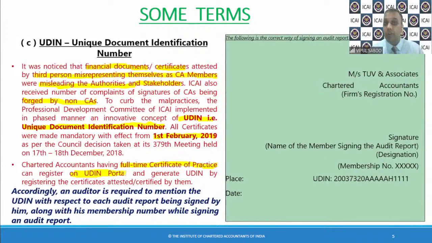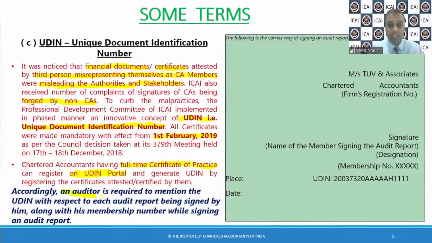Then, with the help of an OTP, a one-time password received on a registered phone number, we get issued a UDIN, a specific number for the particular document or certificate we are issuing.